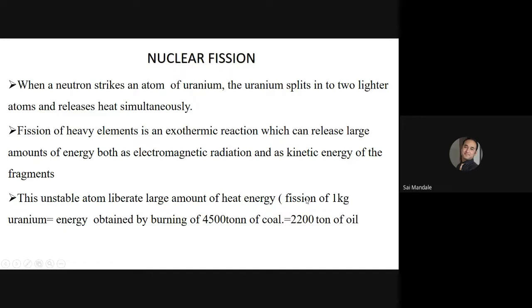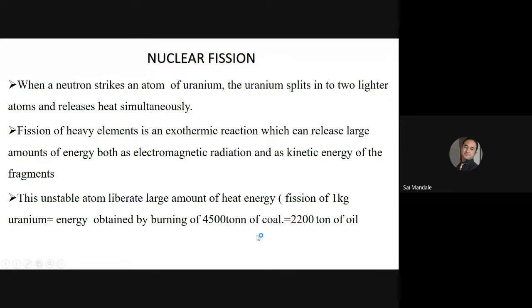The fission of 1 kg of uranium is equal to the energy obtained by burning 4500 tons of coal. So 1 ton stands for how many kg? 1 ton stands for 1000 kg. So look, 1 kg of uranium is equal to the energy obtained by burning 4500 times 1000 kg of coal.